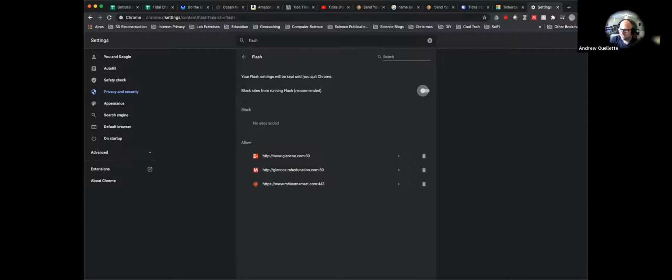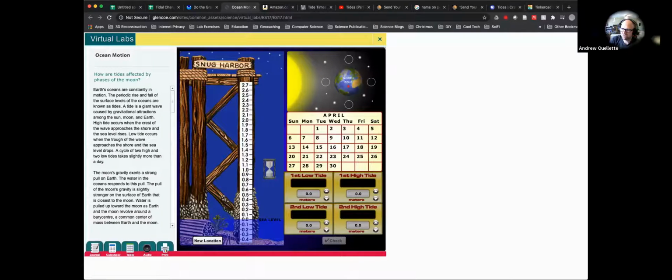I've got it set up. Maybe I need to close this whole thing down and restart it for that to take effect. But what you want to do is change from the default of blocking sites running Flash. I'm going to click that over to ask first, and that should set me up. So I went to settings, searched for Flash, and followed that direction.